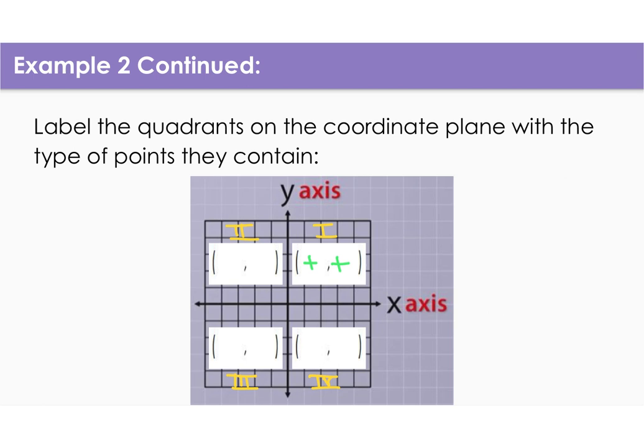If I look at quadrant 2, my X values are always negative, but my Y values are positive. Quadrant 3, both are negative. In quadrant 4, X will be positive and Y will be negative.